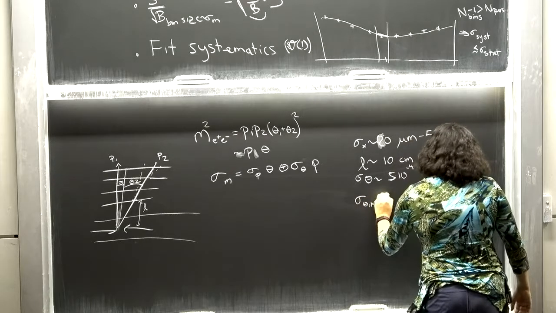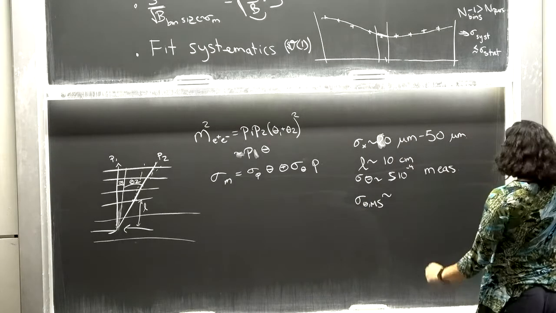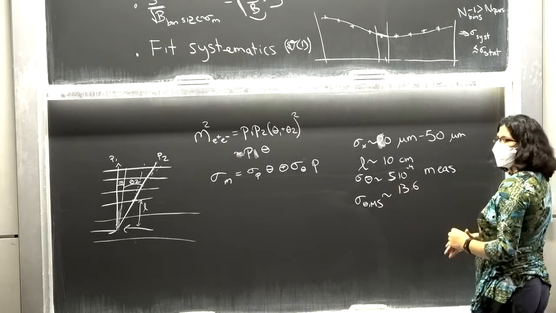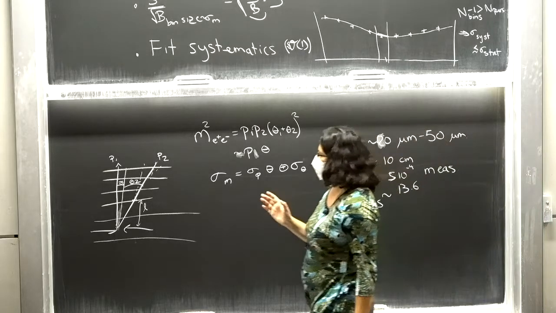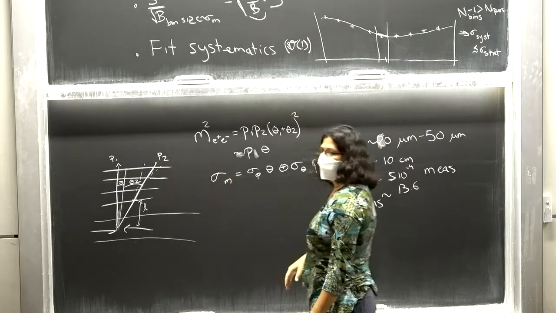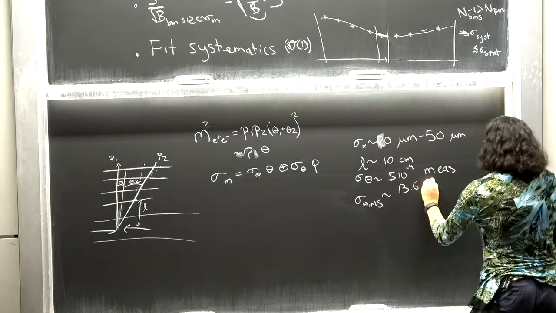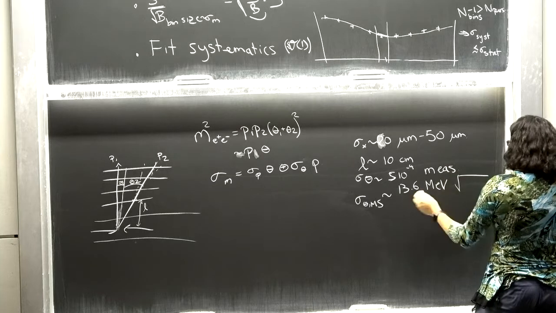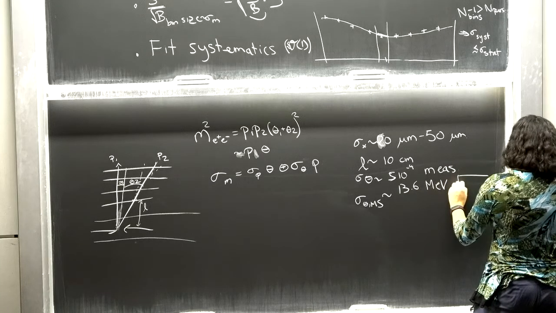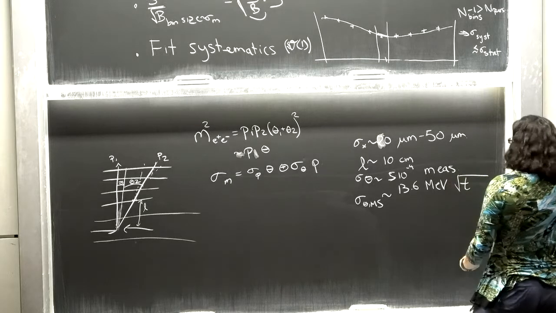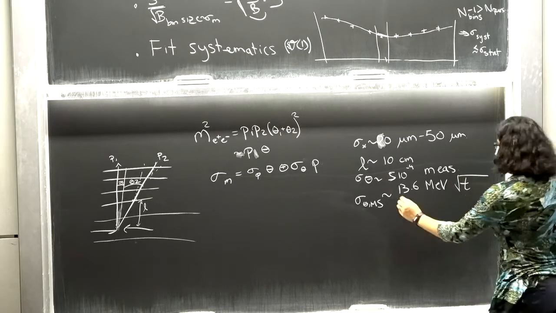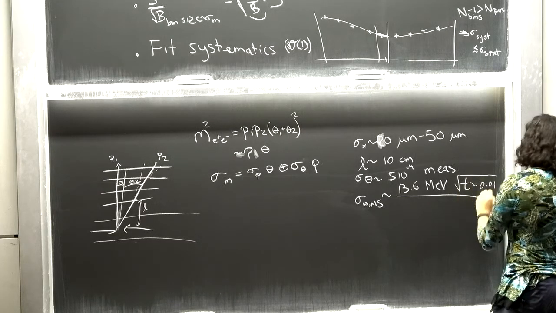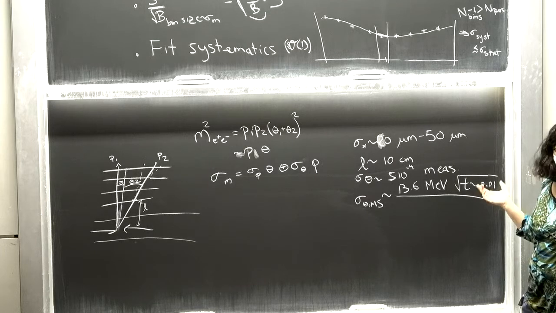So that multiple scattering really gives you a momentum-independent transverse momentum kick. So the angular effect is going to be that characteristic kick, which turns out to be 13.6 MeV times the square root of the thickness of the layer in radiation lengths. This tends to be about 1% for a typical silicon detector, 2% when you add services.